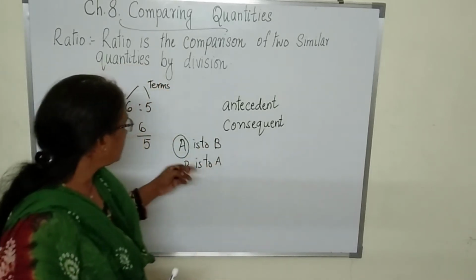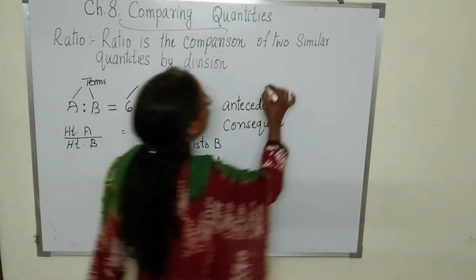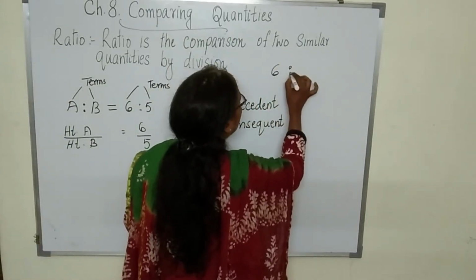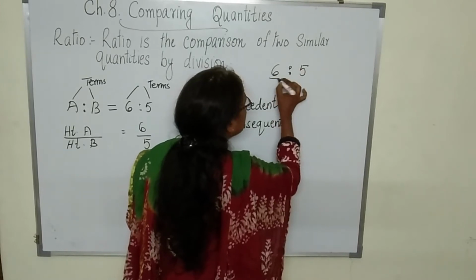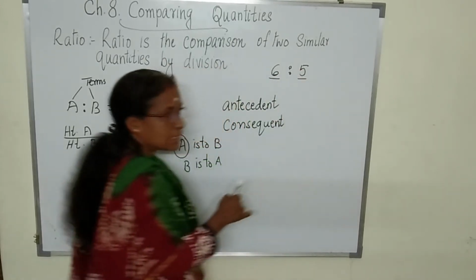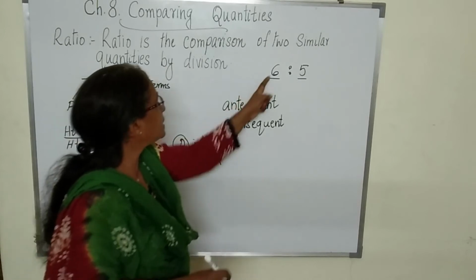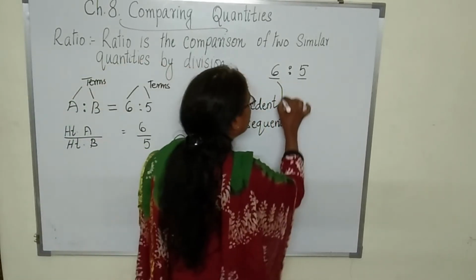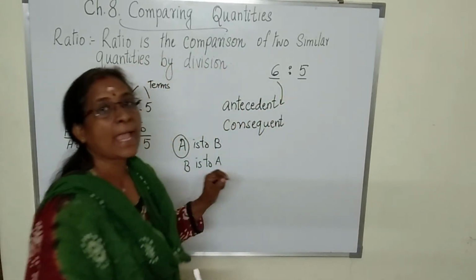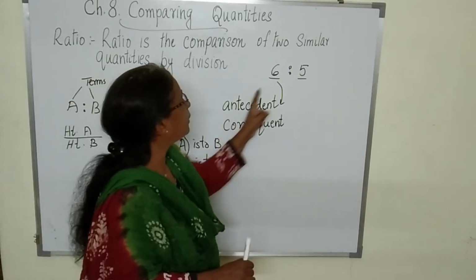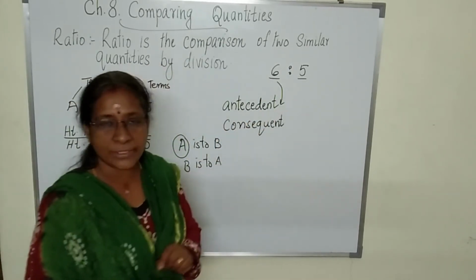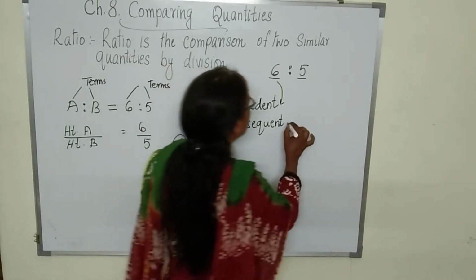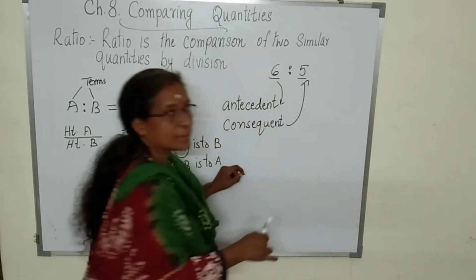Now when you write a ratio, for example, if you wrote 6:5, this is the first term and this is the second term. The first term is called antecedent. The first term of a ratio is called antecedent and the second term is called consequent.